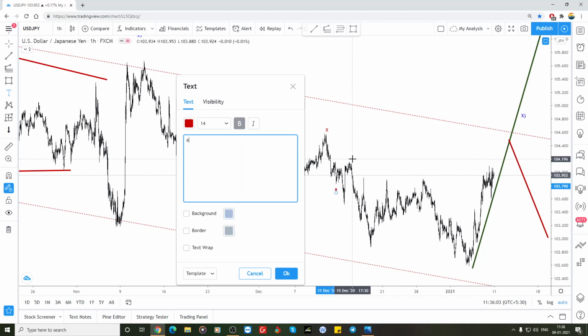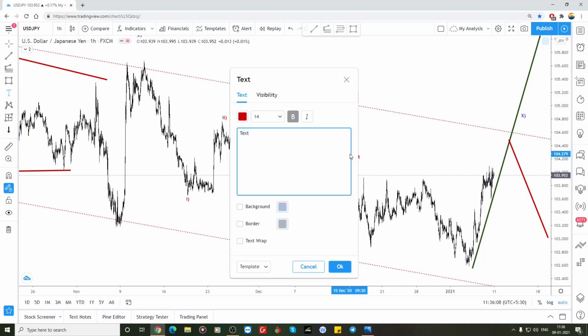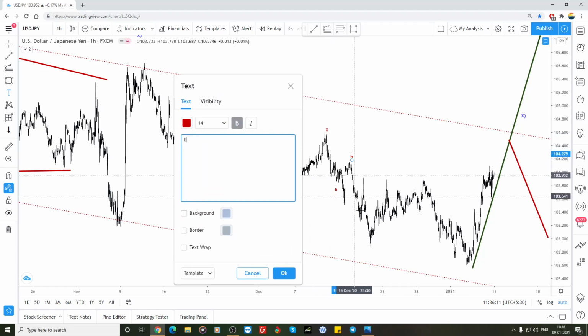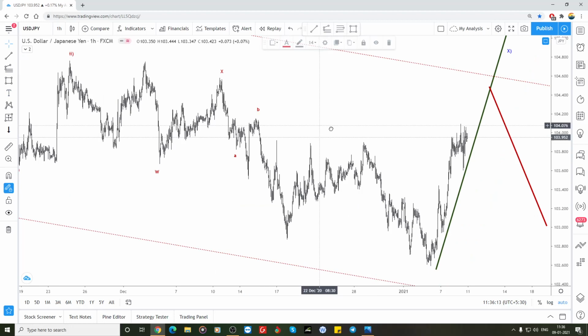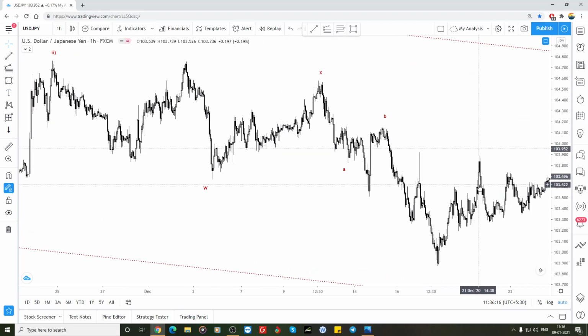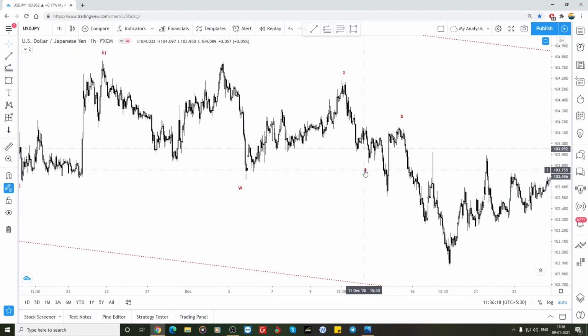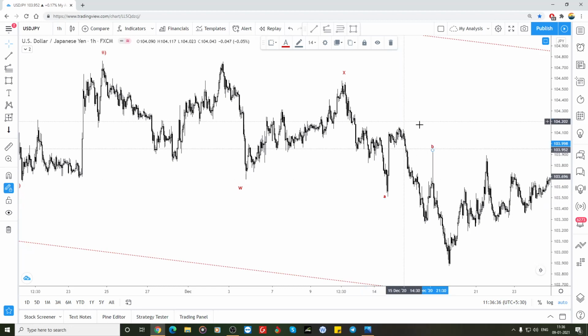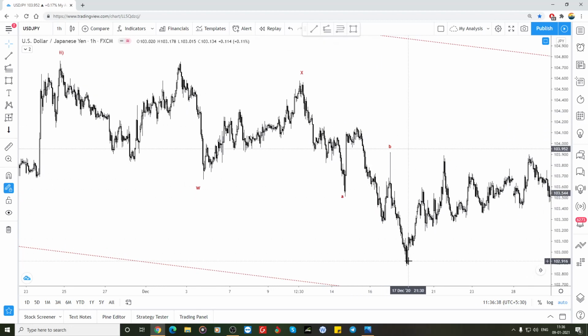So ABC, okay, we can make it as a C. C needs a 5-wave structure, so this could be a W also, right? So A, B, C, yeah, this could be a W, and this could be a B, C, yeah. So A, B, it's an irregular flat, and then again C.